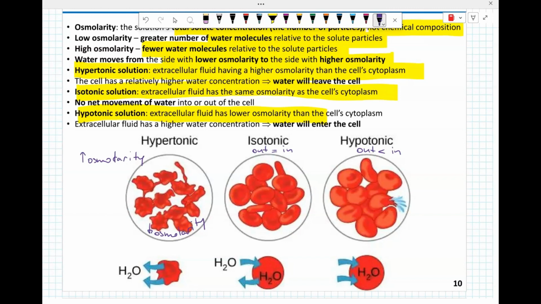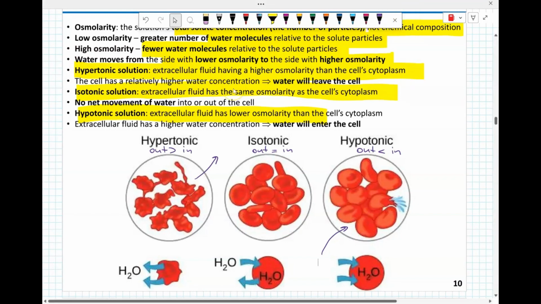Now, if you look at the ratio of osmolarities in the hypertonic solution, stating that outside osmolarity is greater than the inside, water will move out of the cell. In case of hypotonic solution, water will move into the cell. And in case of isotonic solution, there will be no net movement of water.